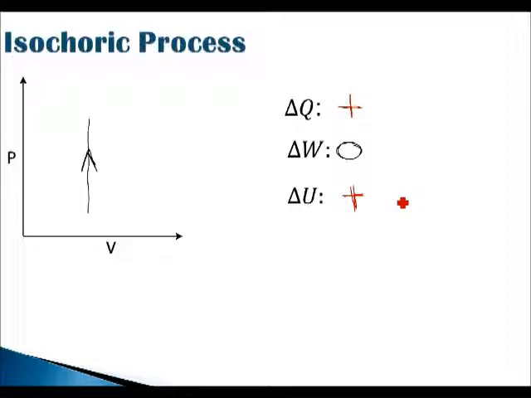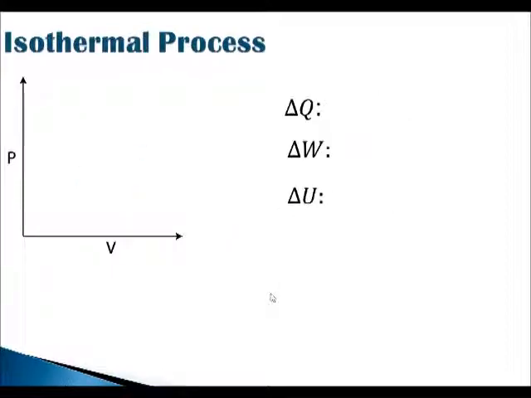And so both of these are positive. And if I did the reverse process, where I decrease the pressure, well, if you decrease the pressure, that means the temperature will decrease, and therefore the heat will decrease. So it depends which direction we're moving in within this process.